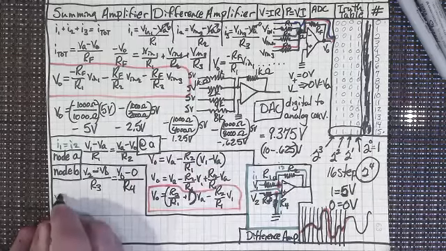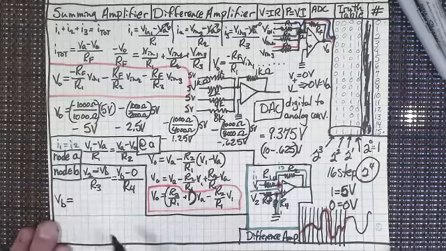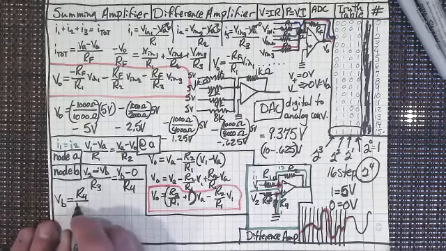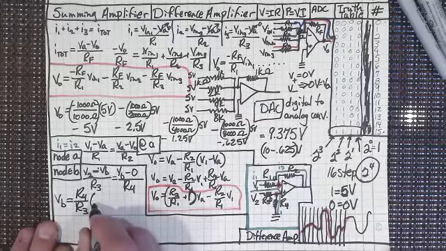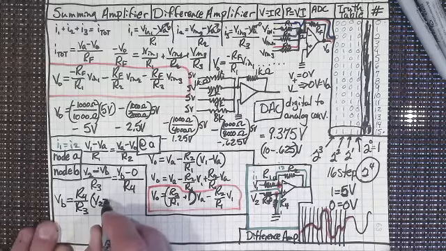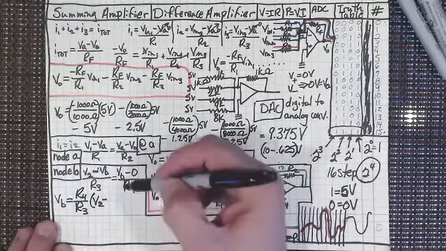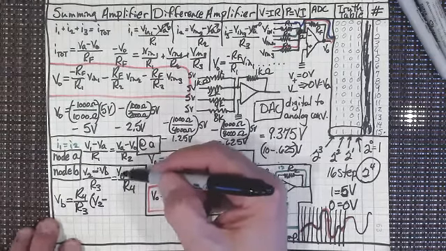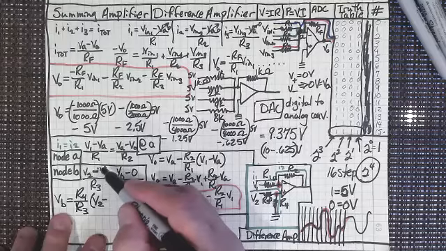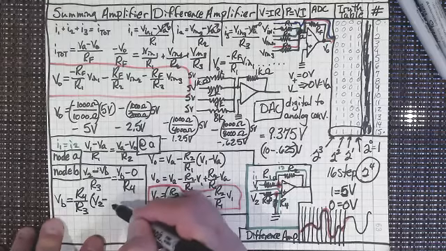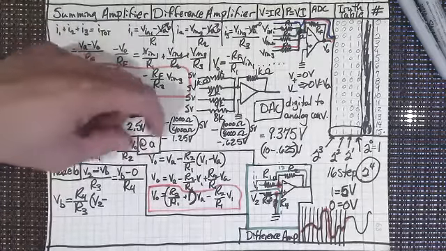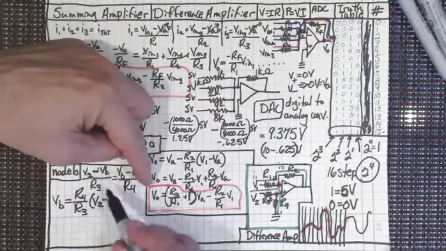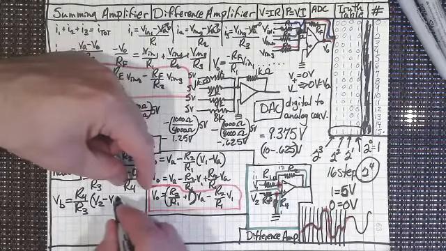So if I solve for V sub B, it is going to be R4 over R3 times V2 minus V sub B. I'll do it in two steps.